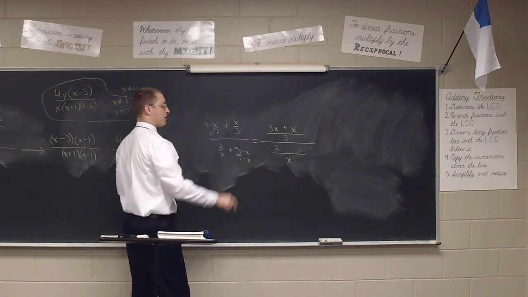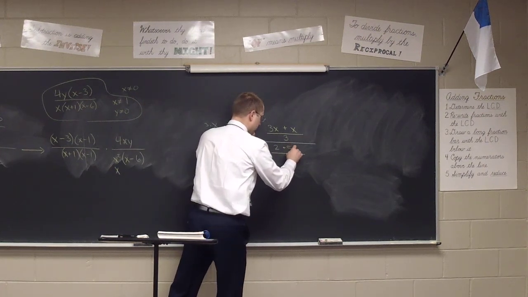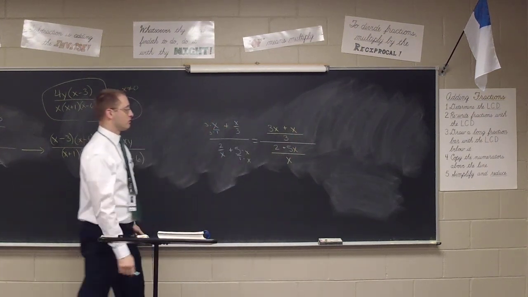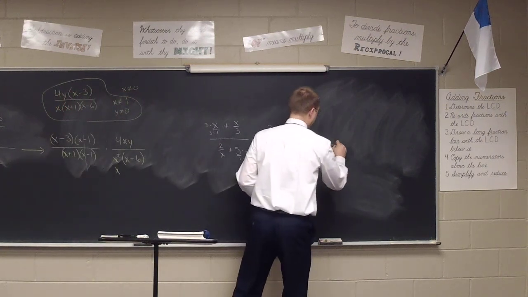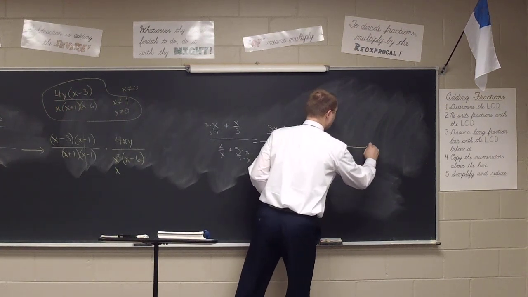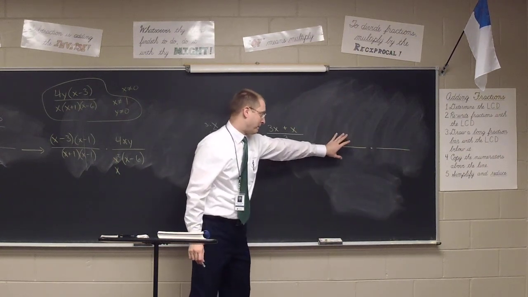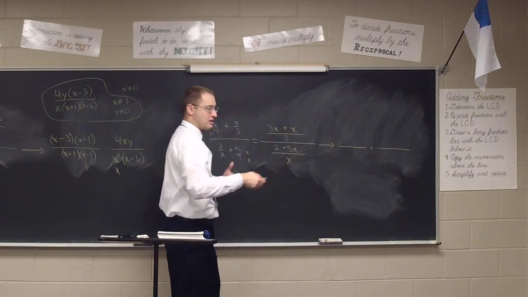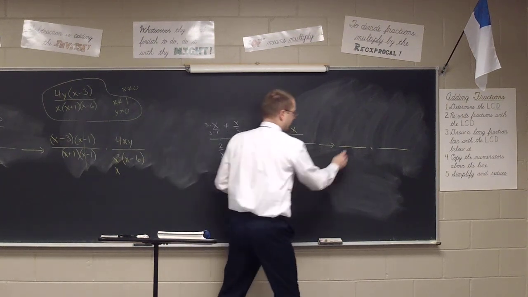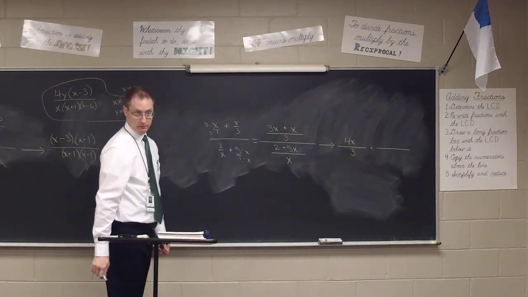So what do I copy above the line? Positive 5x. So far, so good. Now, I'm ready to multiply by the reciprocal. My first fraction pretty much just gets copied down as is, except I can combine a little right here. 3x plus x, class, 4x over 3 is now my first fraction.